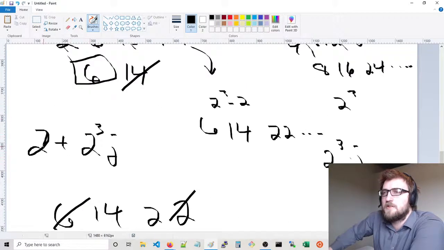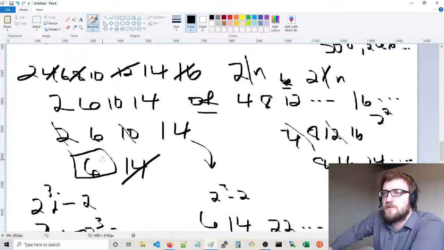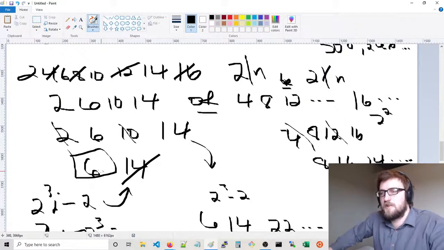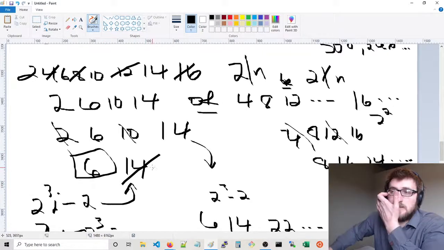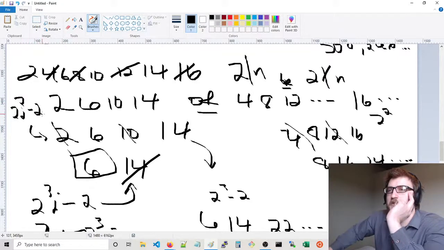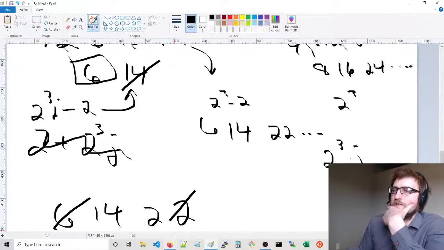This is actually 2 to the 3rd j minus 2, right? Is this sequence, or it's this sequence, right? No. Yeah, it's this sequence. And this sequence is what? 2 to the squared j minus 2. Right? 4 minus 2, 8 minus 2. Yeah. Interesting.